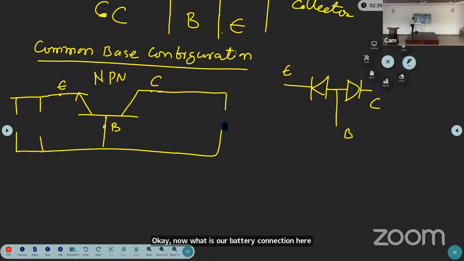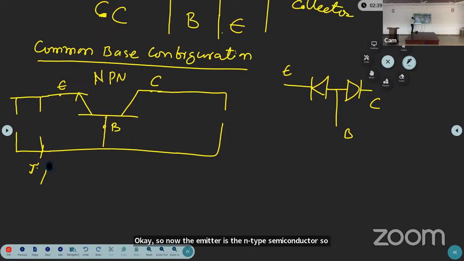Which type of semiconductor is the emitter? N type. NPN means emitter is N type, base is P, and N is the collector. So the emitter is the N type semiconductor, and N type semiconductor has charge carriers that are electrons.